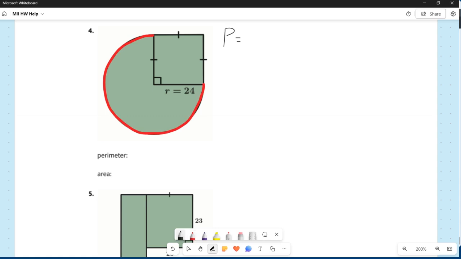That's going to represent 3/4 of my circumference, and notice that we are given the radius of the circle. The radius is 24. So it's 3/4 of 2 times pi times 24. That's 2 pi r. So that alone represents the red piece.